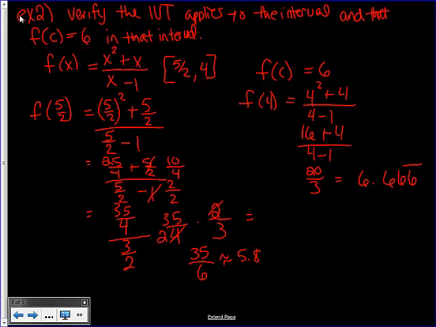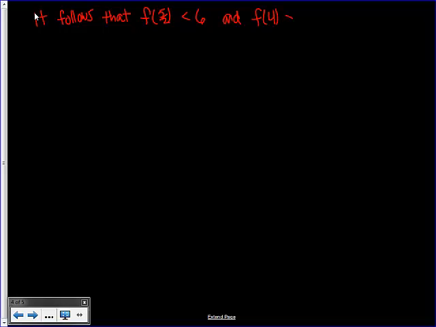Okay, now for my justification, and again, AP requests these things. Intermediate value theorem always shows up. So we're going to say it follows, and I'll do my justification on the next page. It follows that f of 5 halves is less than 6, and f of 4 is greater than 6.